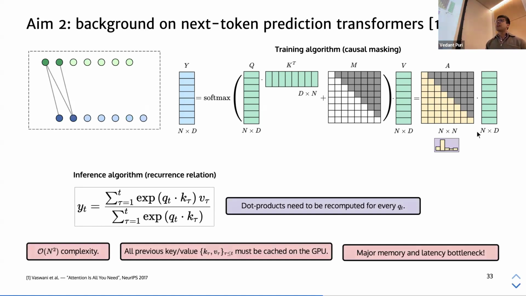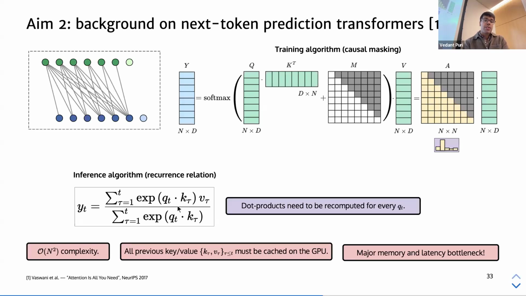However, when it comes to inference or serving this model on an online problem, you notice that there are several dot products in this evaluation. As it happens, at every time step you get a new query vector, and then you have to evaluate all of these dot products once again. How many dot products are there?